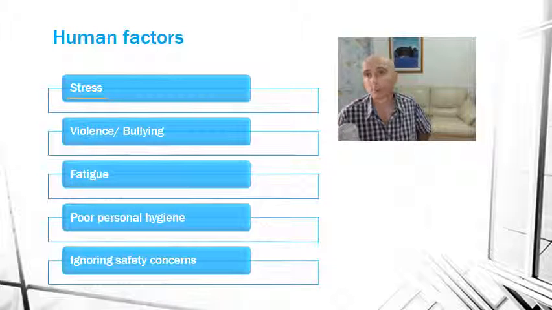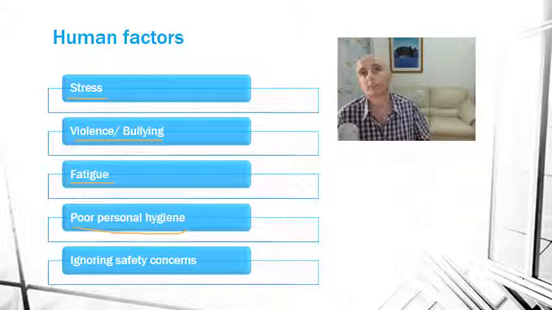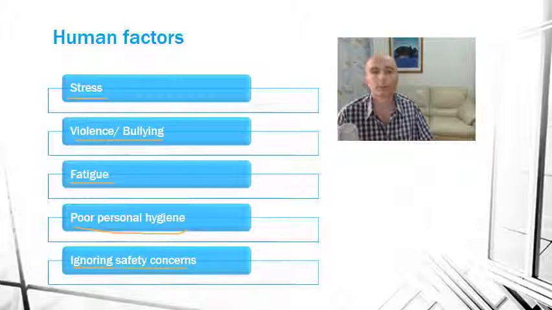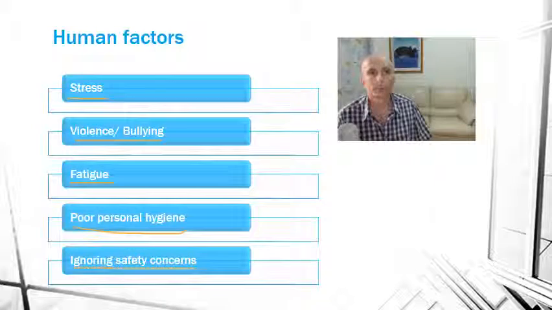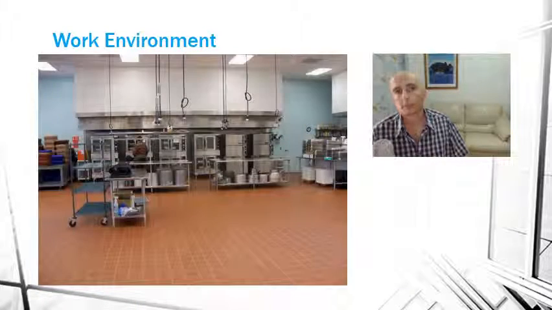Violence and bullying isn't good. Fatigue from working too long or too many hours, poor personal hygiene with the food safety, and also those people who decide to ignore the safety concerns, not using the correct PPE, and this can actually cause accidents within a workplace.